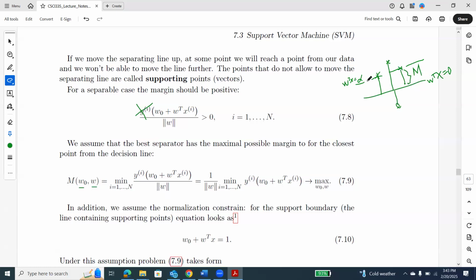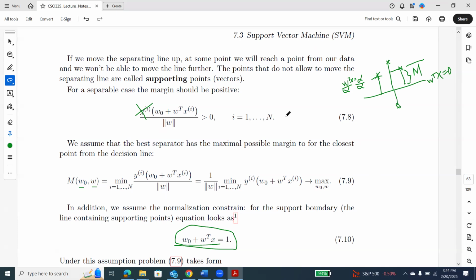I hope you agree that we can divide by alpha, and then we get the equation W0 plus W transpose X equals 1. You can just divide everything by alpha, so we just renormalize the coefficients.